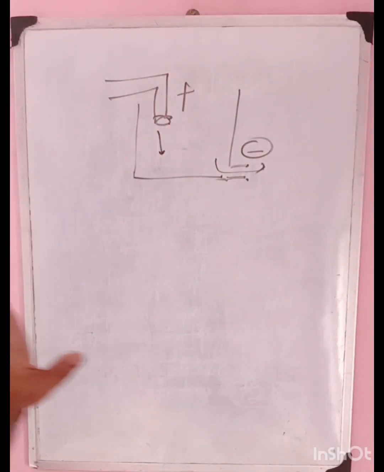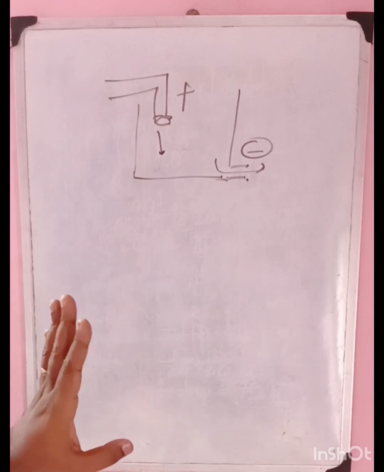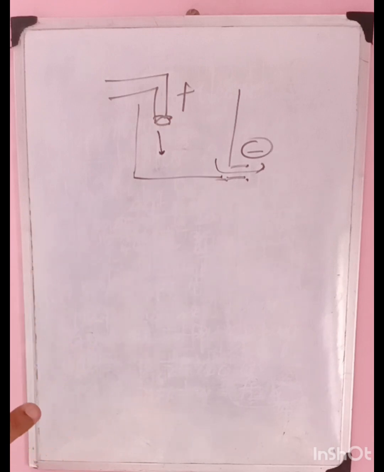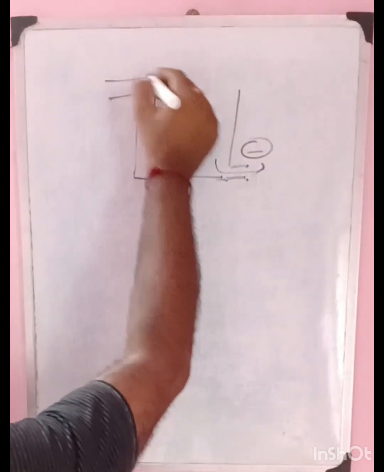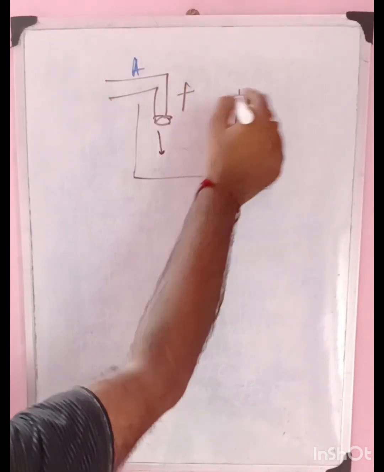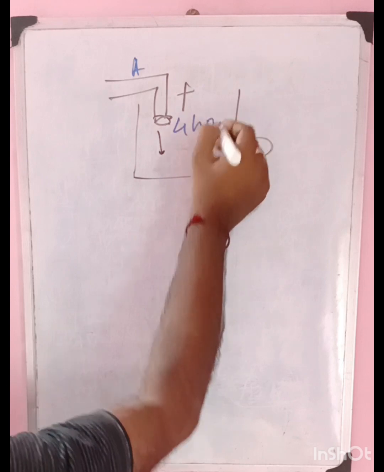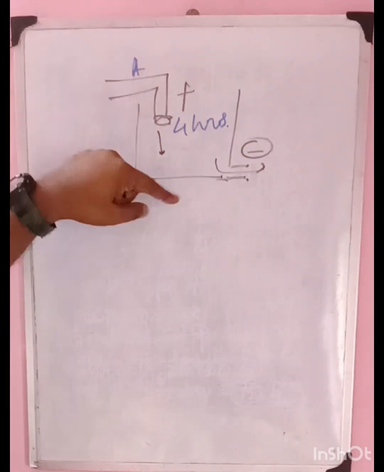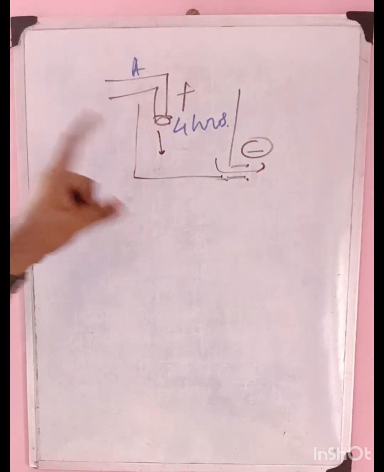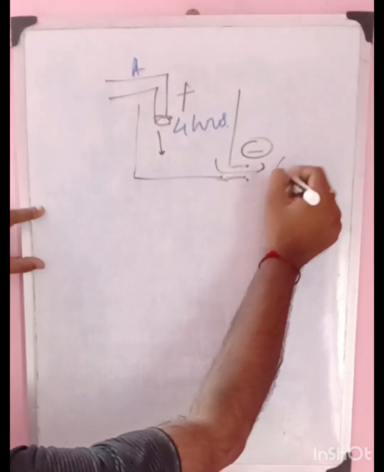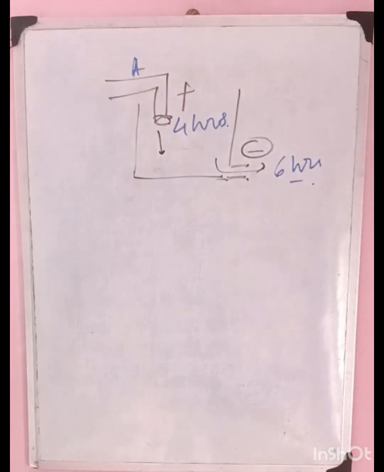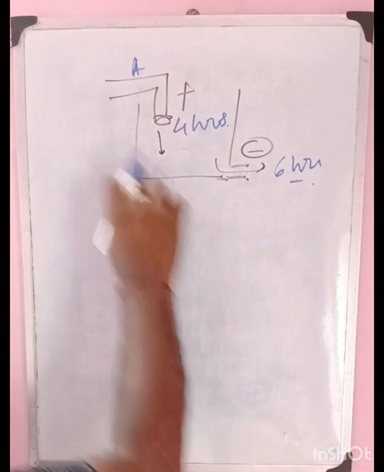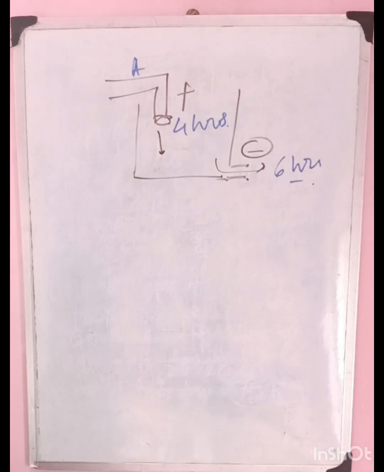The problem is the same. Suppose tap A fills the tank in 4 hours, and if the entirely filled tank is emptied in 6 hours through this hole, then what time will it take if the tap and the hole both are open?